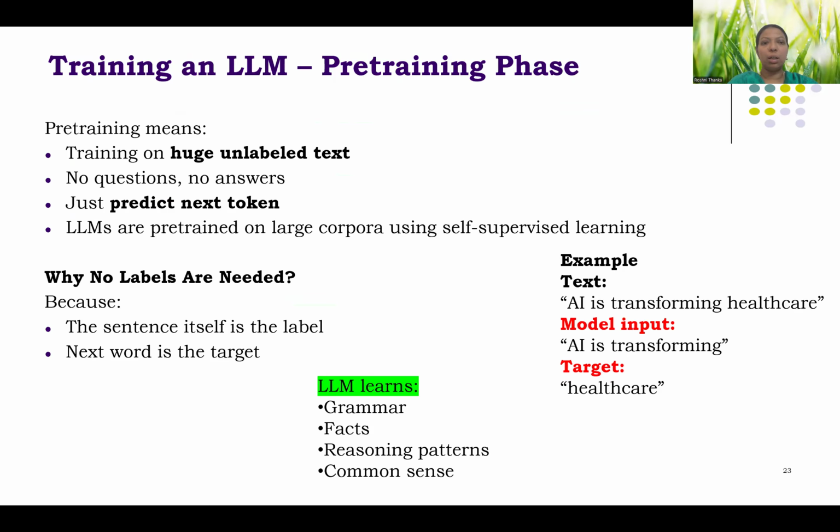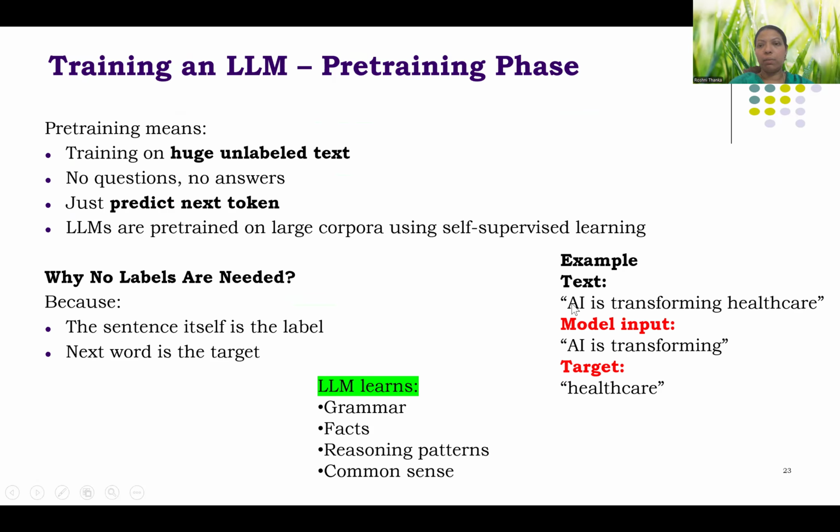There is nothing called labels or classes. So LLMs are pre-trained with large corpora using self-supervised learning.